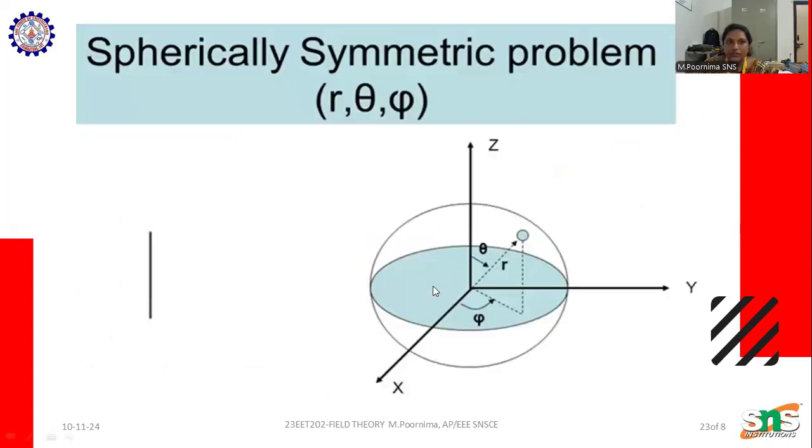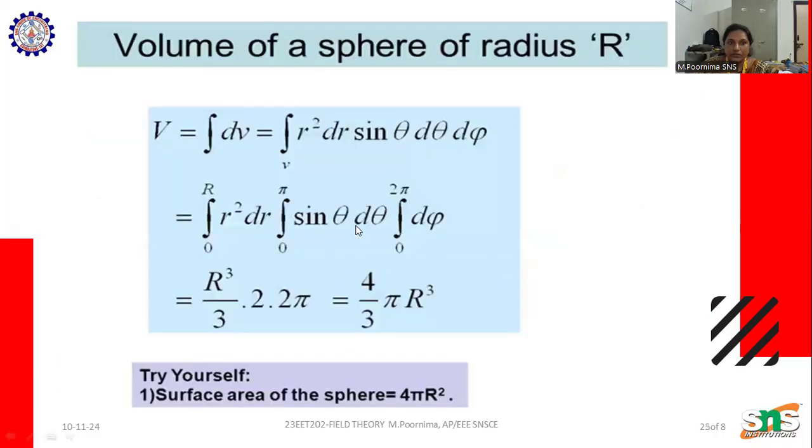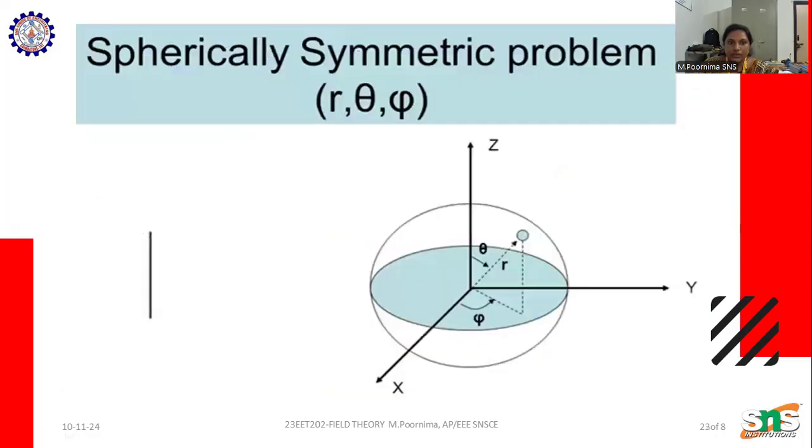Next comes the spherical coordinate system.